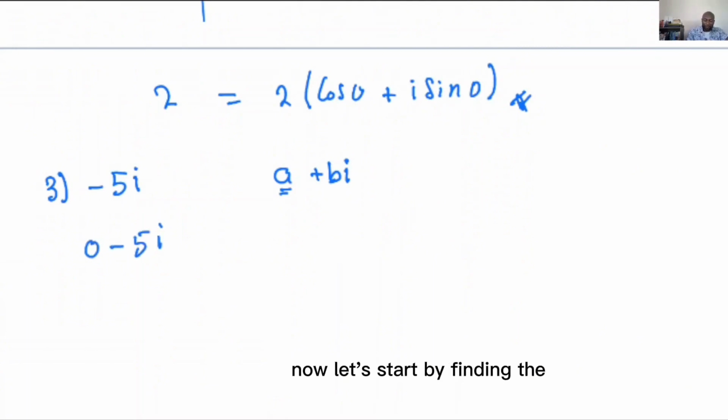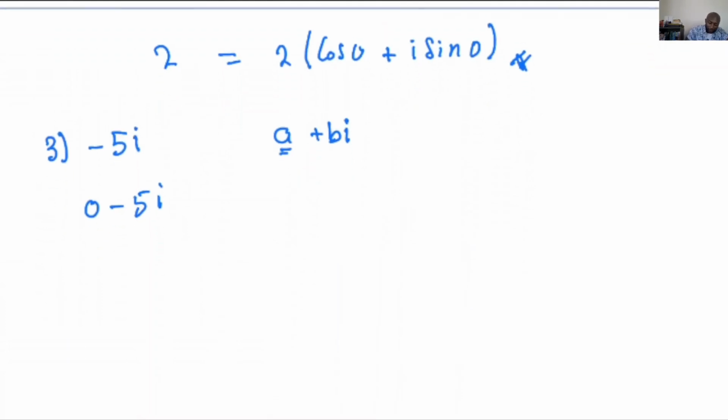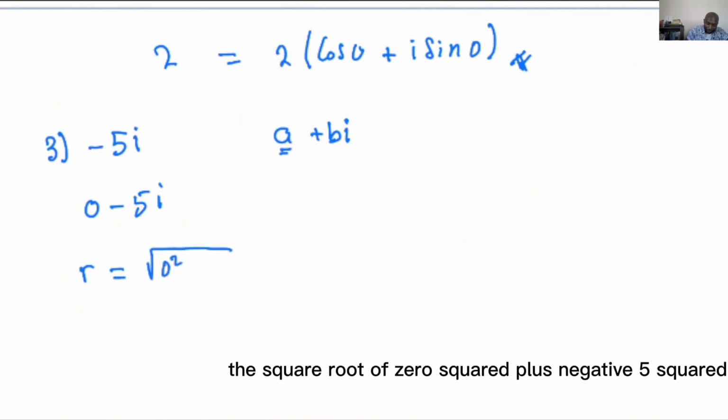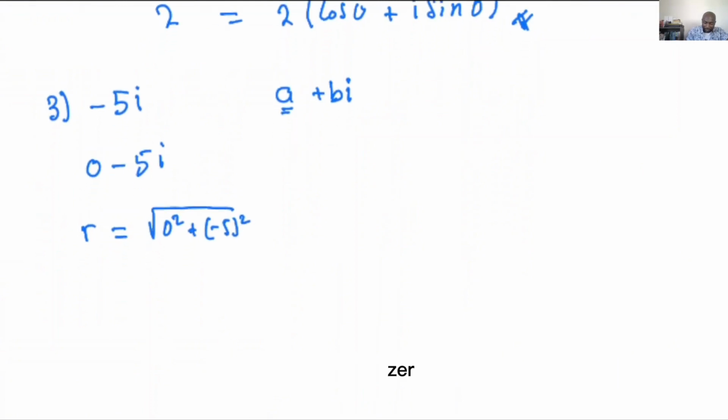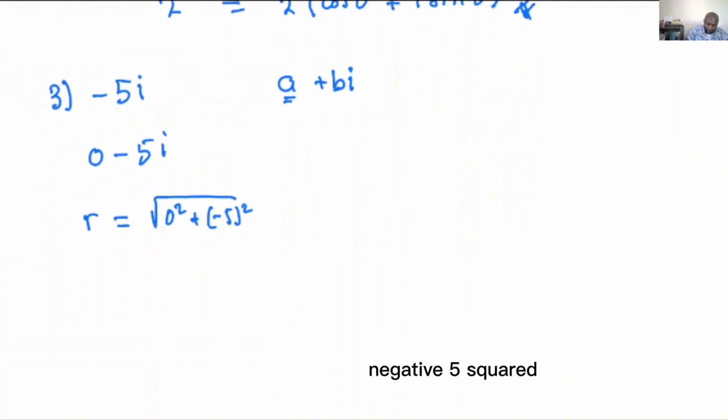Now let's start by finding the modulus r. So r is equal to the square root of 0 squared plus negative 5 squared. 0 squared is 0, negative 5 squared is 25. So r is the square root of 25. So r is equal to 5.